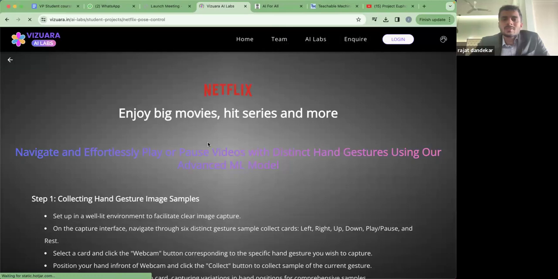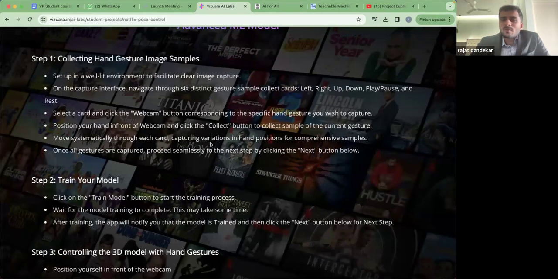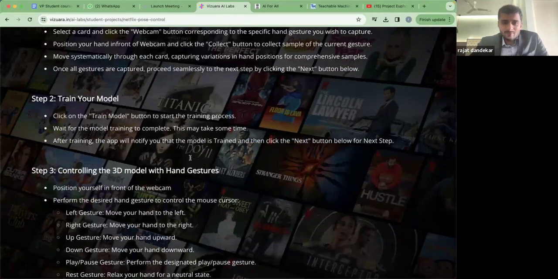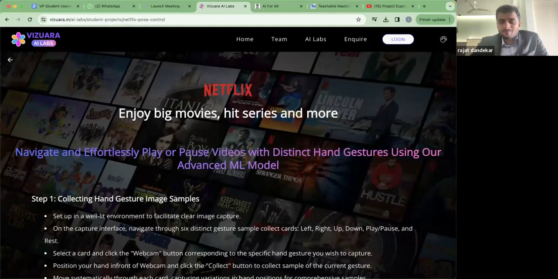Okay, so this is the page. Basically what we are trying to do here is that the process remains very much the same as what we saw with Teachable Machine. We will be trying to move the cursor.